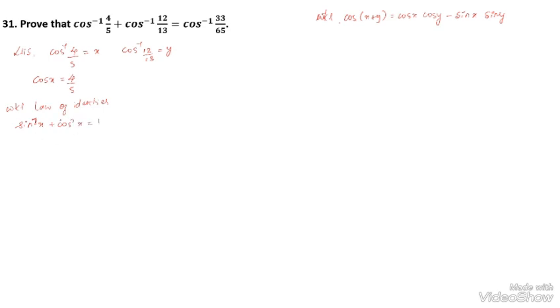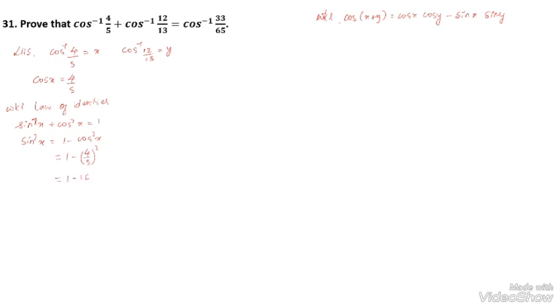Using this law, I can find the sine value, that is sin square x is equal to, taking cos square x to the right side, 1 minus cos square x. So I can simplify here, 1 minus, what is cos x? 4/5. Cos square means (4/5) whole square.